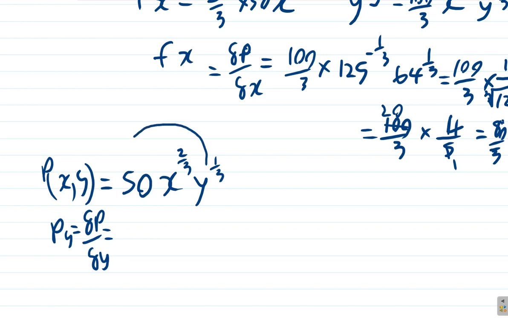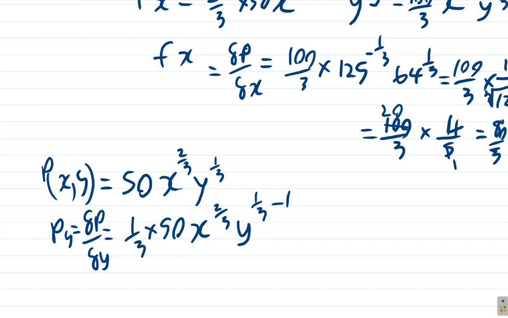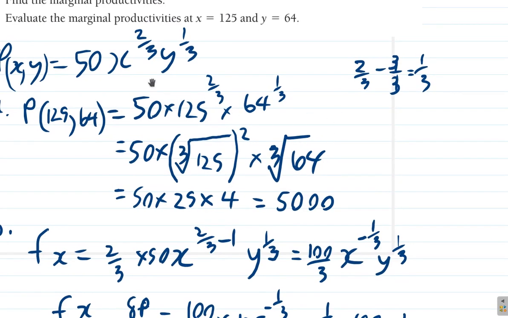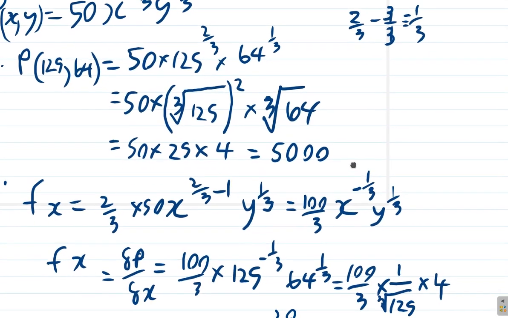So multiply by 1/3, the power is 1/3 times 50 x to the 2/3, y to the 1/3 minus 1, which is 50 over 3 x to the 2/3, y to the 1/3 minus 1, what was that again? Oh, it's negative 1/3. I should have had that up here. It's negative 1/3. Alright?